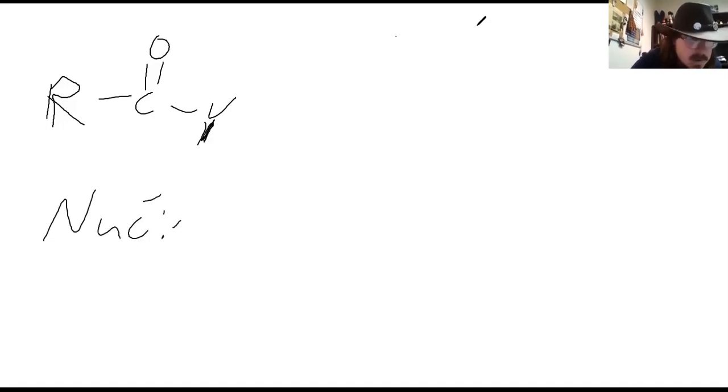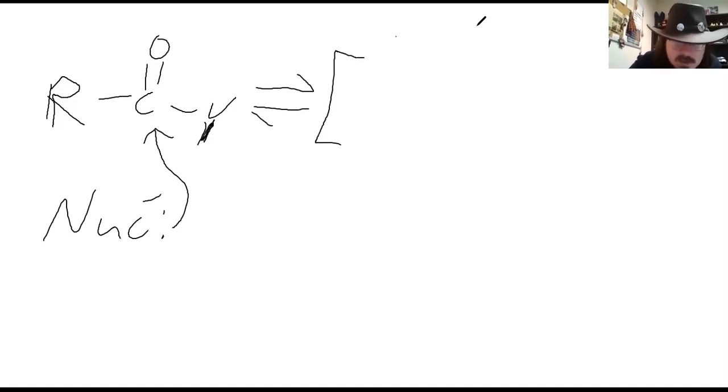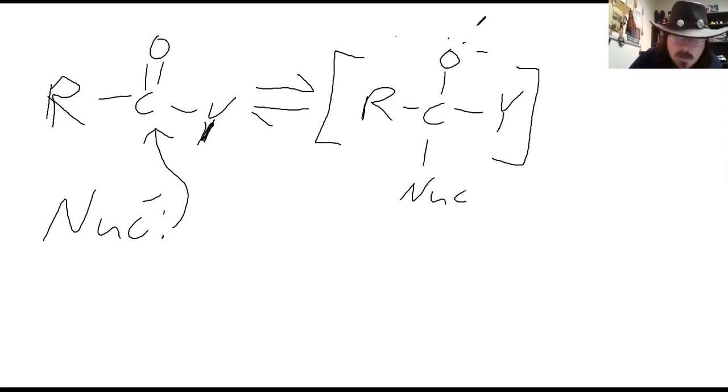It comes in and attacks the carbonyl. We get our intermediate, which occurs from the addition. Now that lone pair is going to come back down and kick off our leaving group. It's reversible, so we can put it back where it was.